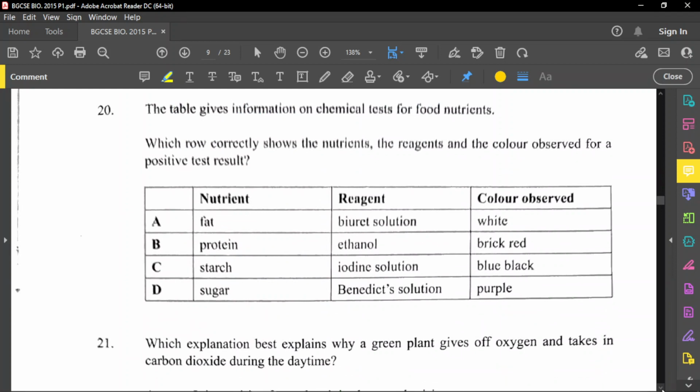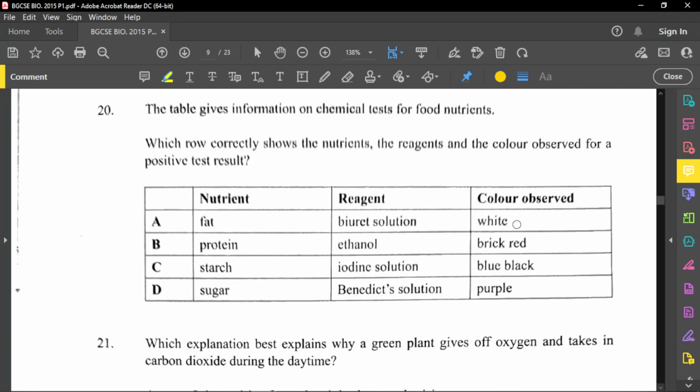For question number 20, it said the table gives information on the chemical test for food nutrients, and it asks which row correctly shows the nutrients, the reagent, and the color observed for a positive test result. Fat is not tested using Biuret. Biuret is used to test for proteins.